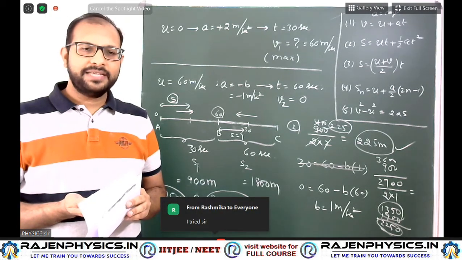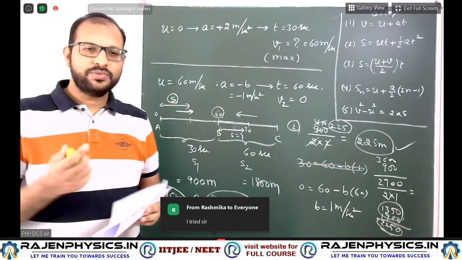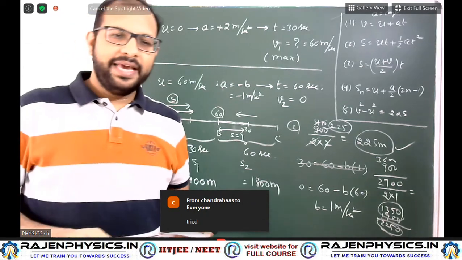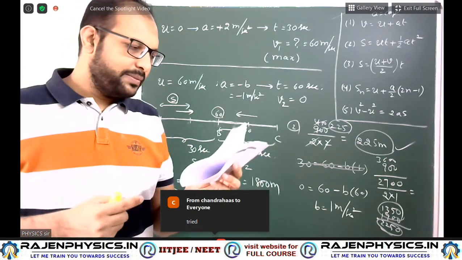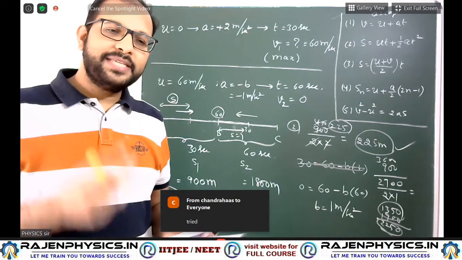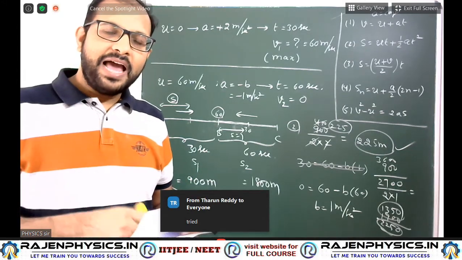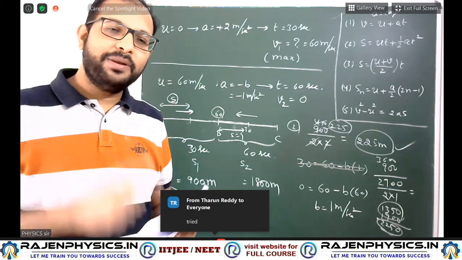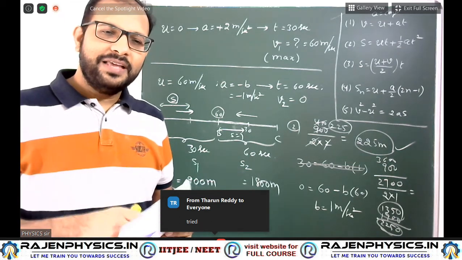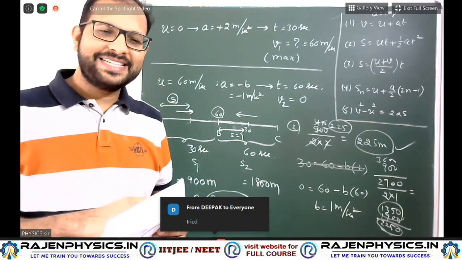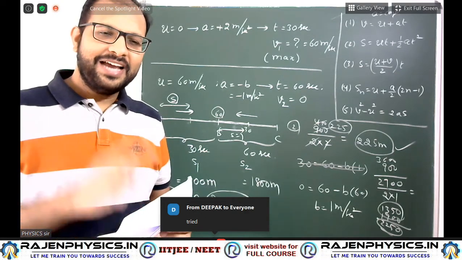Yes, there is a hand raise option. Some students are now writing. Yes, tried. After trying, students, A, B, C, total 3 are there. At least 2 sub problems, how many completed? Please mention there, then I can understand. At least 2.